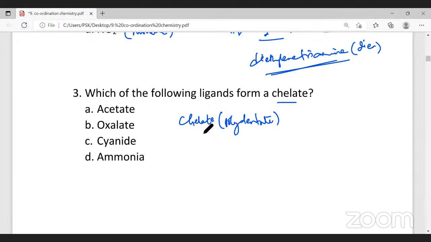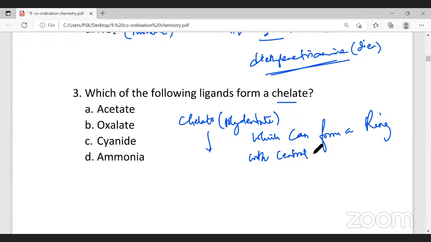A polydentate ligand which can form a ring with the central metal atom or ion is called a chelating ligand.